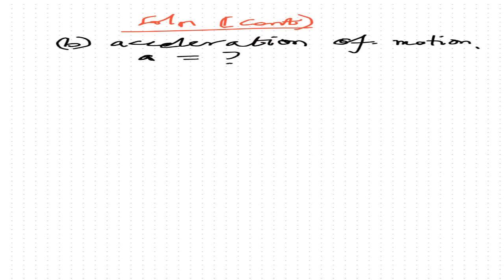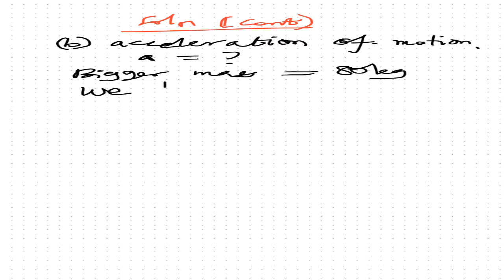It's just due to the bigger mass. And we know that the bigger mass is the 80 kilograms. Okay. We know F is equal to MA. Do you know this formula?